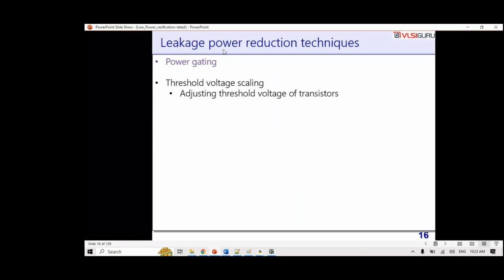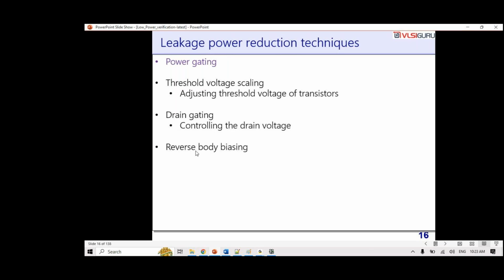So one of the techniques for leakage power reduction is threshold voltage scaling. The other one is drain gating, controlling the drain voltage. By controlling the drain voltage also, you will be able to impact leakage. We have discussed something like drain induced barrier lowering, so there are multiple things, and one of them is drain gating. And then we have reverse body biasing. You apply some amount of voltage to the substrate, that is, to the body of the transistor.